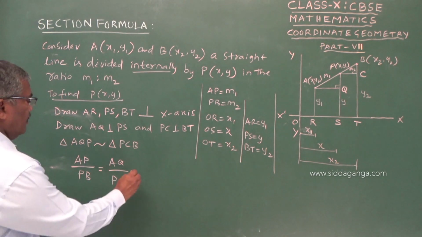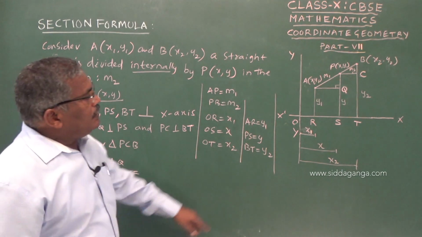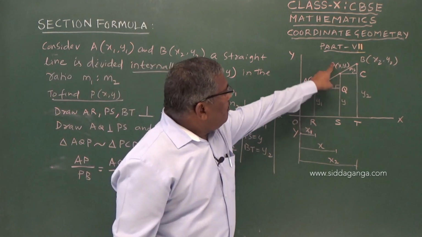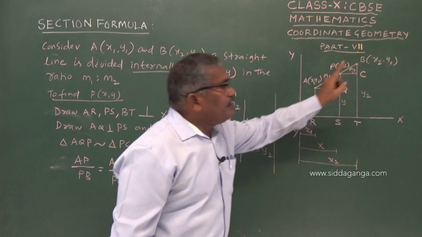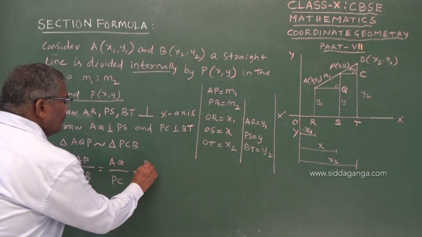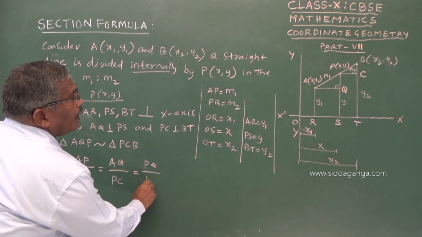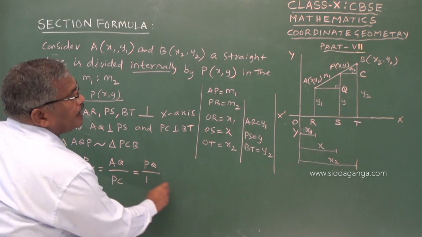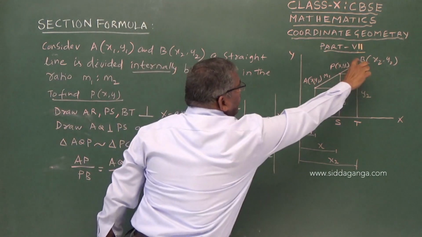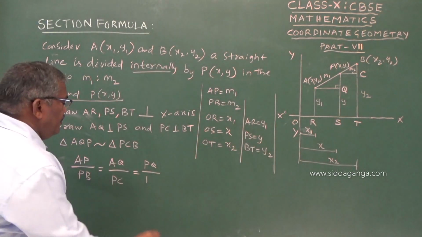Now this equals, and the third side is PQ divided by BC. PQ is this height, BC is this height.